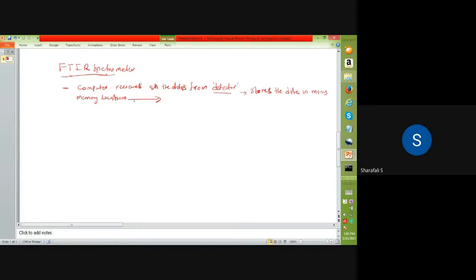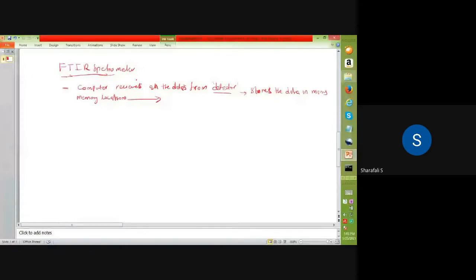So all the signals will be stored in the memory of the computer, and it will use thousands of memory spaces for this. It is not a single memory location. It will need thousands of memory locations corresponding to each and every point received from the detector, corresponding to the intensities of different frequency combinations.